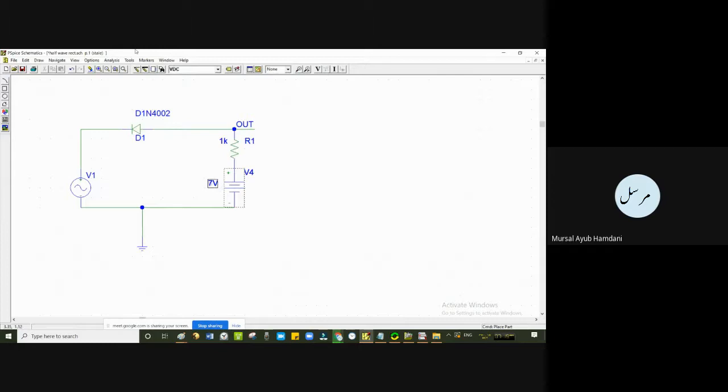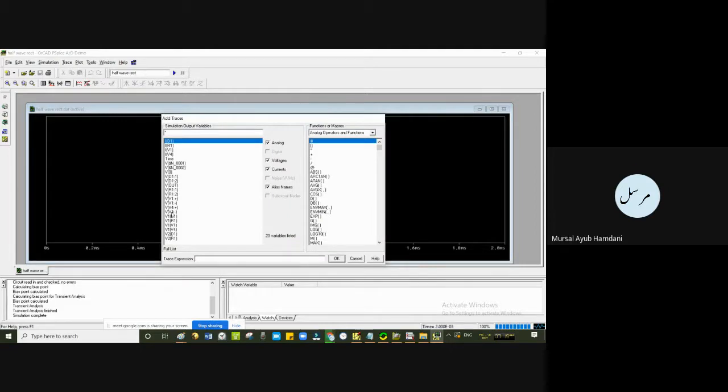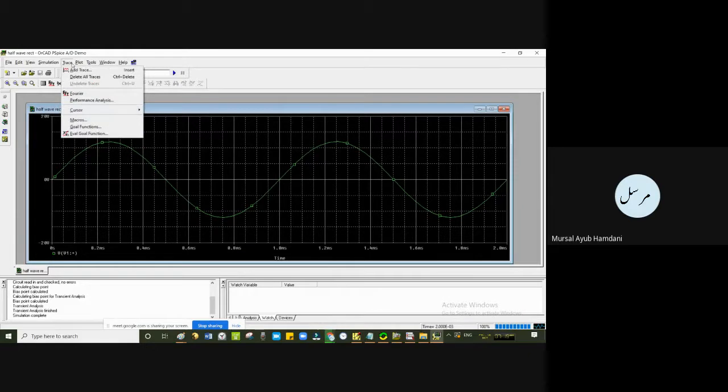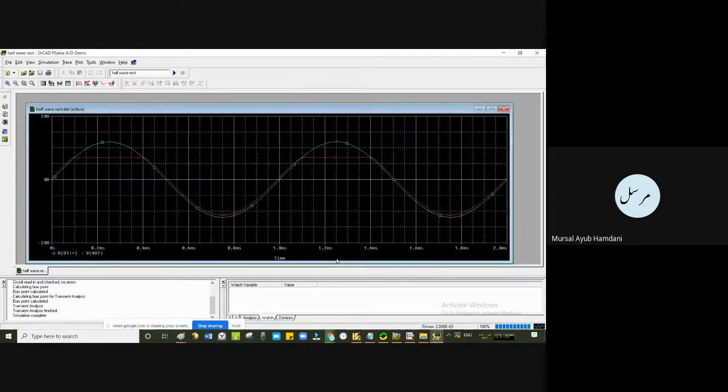Okay, so now let me simulate it. V1 and out we have to see. Okay, V1 and out, V1 plus, okay, and out trace out. Okay, so you can clearly see that it follows it, except after 7.